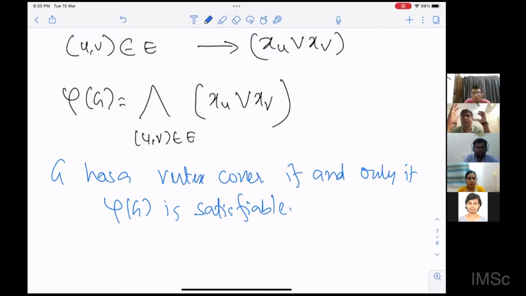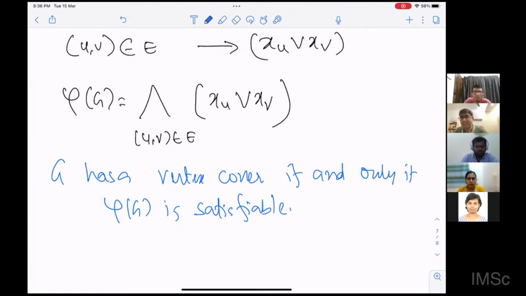All I'm telling you is that Sonak wrote a formula. If I wanted to check whether a graph has a vertex cover or not, I could just test whether this two-SAT formula is satisfiable or not, meaning, is there an assignment of variables to 0 and 1 so that every clause has at least one 1? Does anybody have any questions here? If you have no questions up until now, please put +1. Okay, fine.